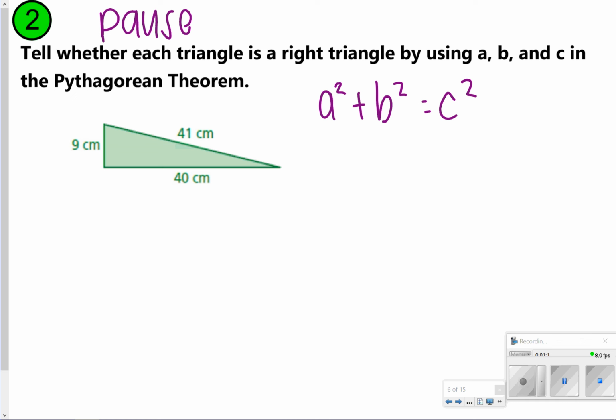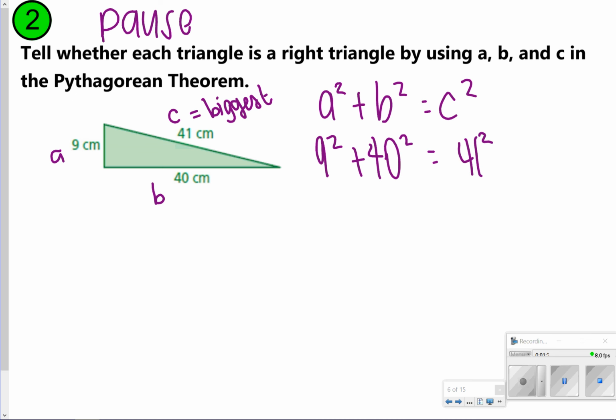after working it out. Okay, for this one I said 9 was A, 40 was B, and 41 was C. Remember, C is always going to be the biggest number that you have on your triangle because it's the hypotenuse. So I would write 9 squared plus 40 squared is equal to 41 squared. I know 9 squared is 81 and 40 squared was 1600.